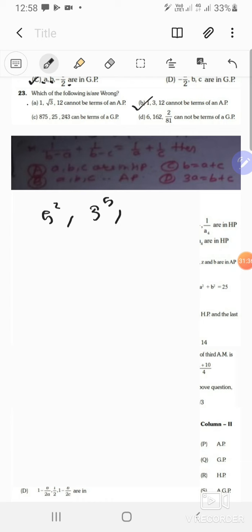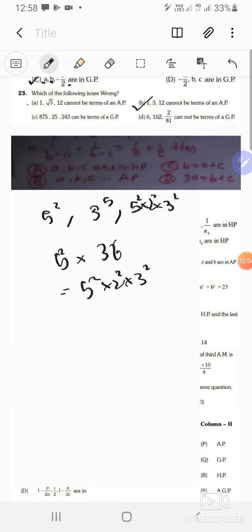And then 875, that is 5 squared times 35, which is 5 squared into 2 squared into 3 squared. No problem. I think these can be terms of a GP. Yeah, I'm pretty sure.